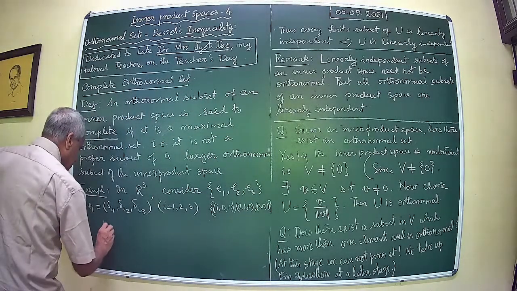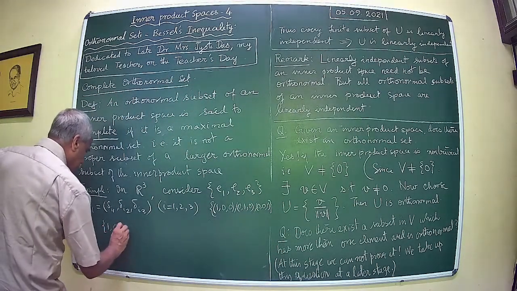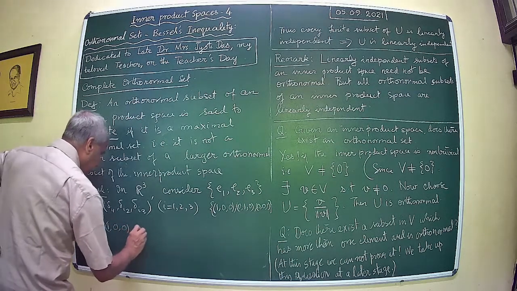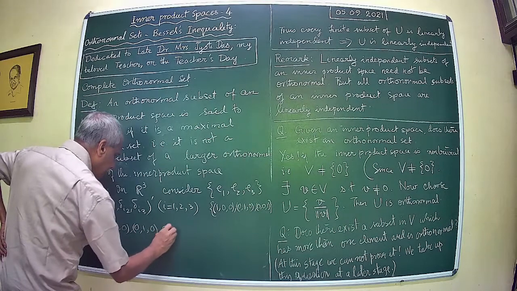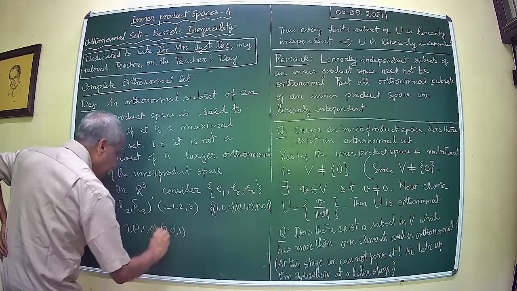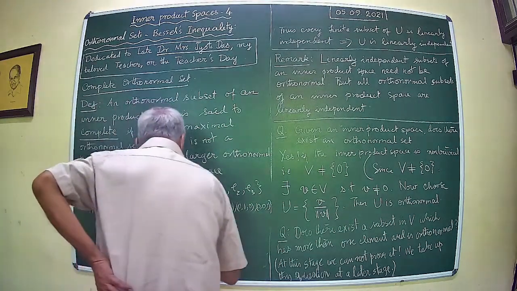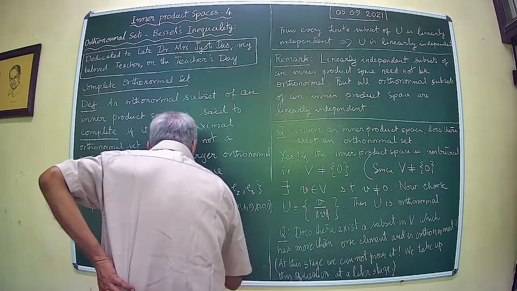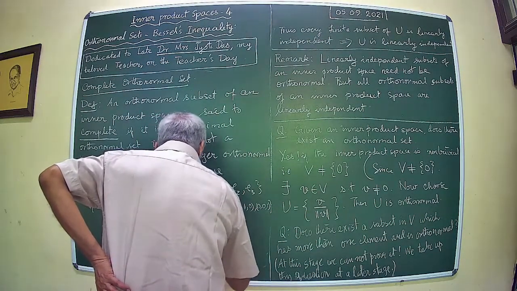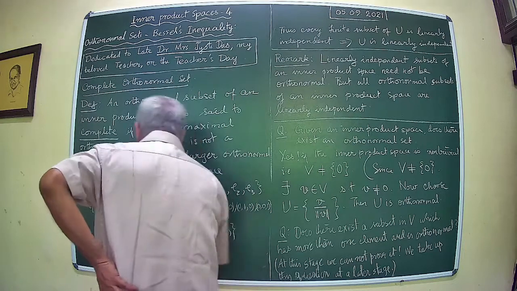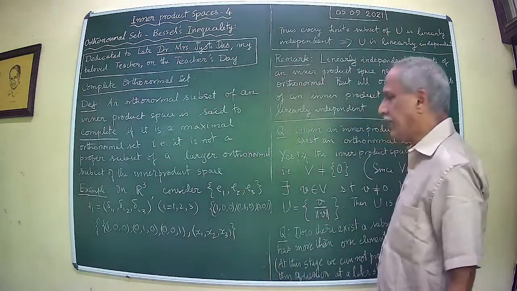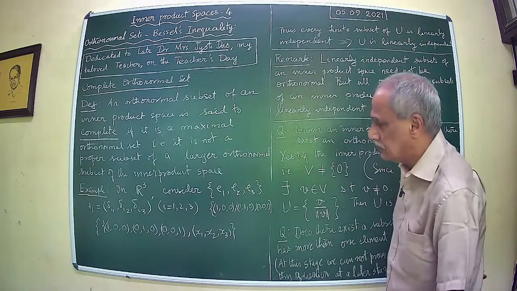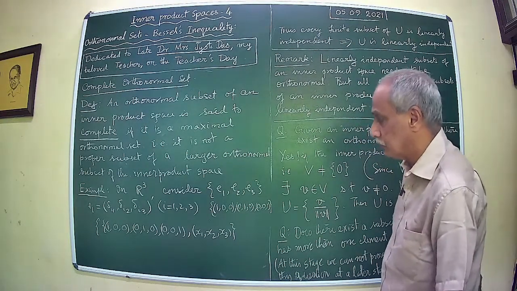Suppose you make it this, and put an x1, consider this collection and demand that this is an orthonormal set.